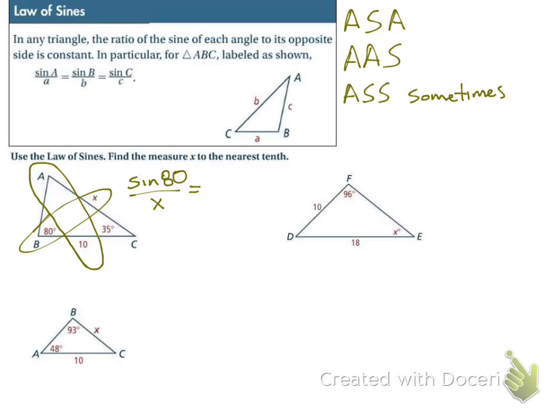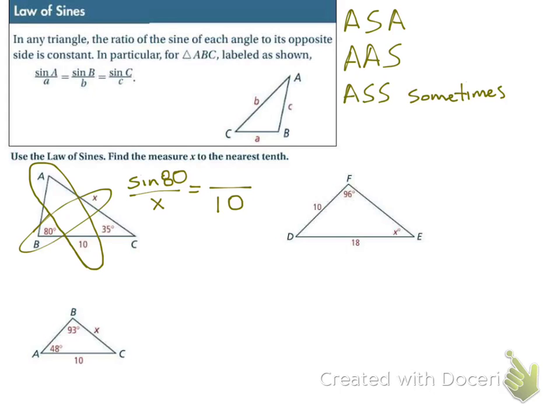The other one I can have is that 10 and angle A. So that's the other ratio, but I don't know what that angle is. Oh, 80 plus 35. Perfect. What's that going to be?